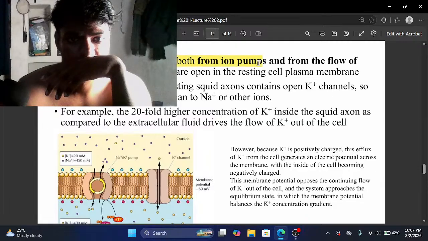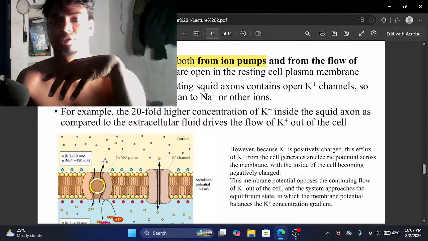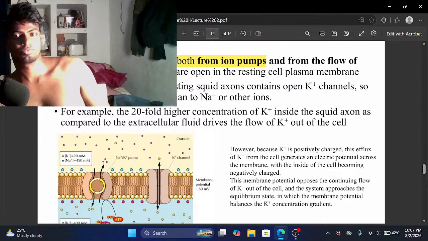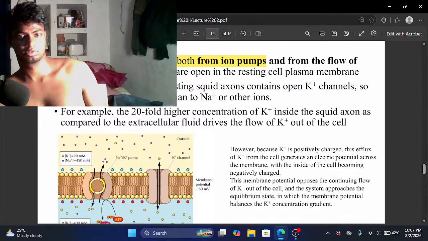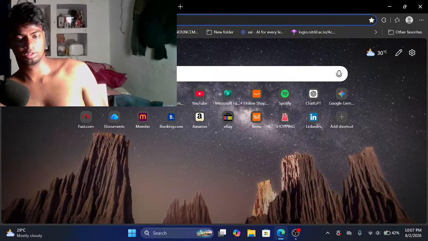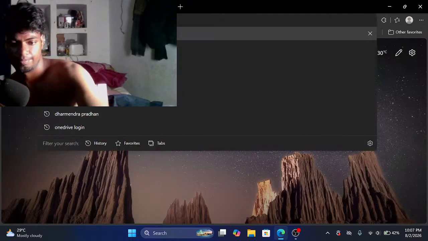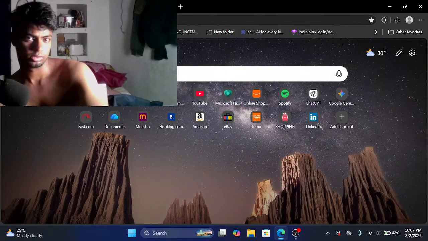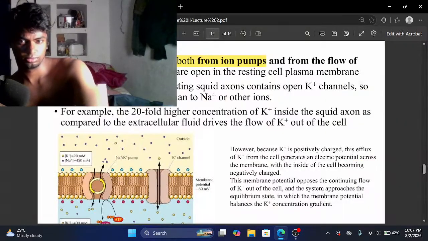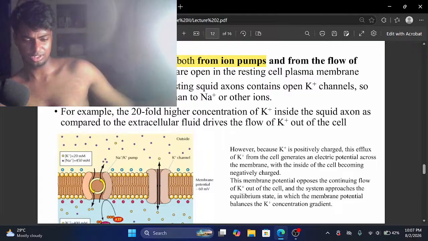The electric potential arises both from ion bonds and from the flow of ions through channels.